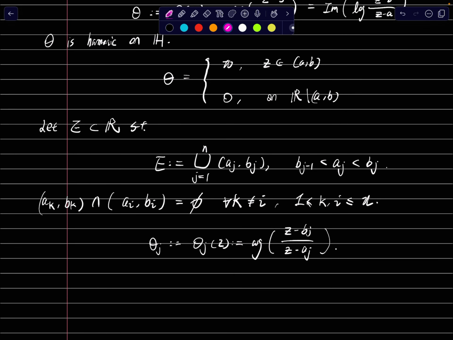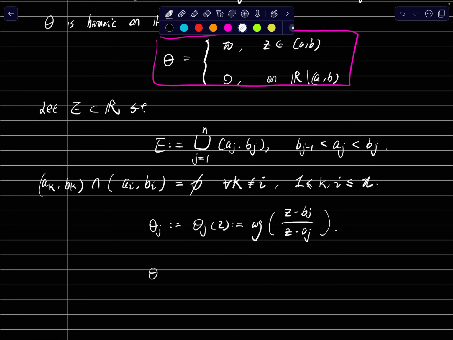As before, these theta_j's are only copies of theta, and each of these theta_j is a harmonic function on the upper half plane. To be more precise, theta_j equals pi when z lives in (a_j, b_j), and theta_j equals 0 when z lives outside (a_j, b_j).